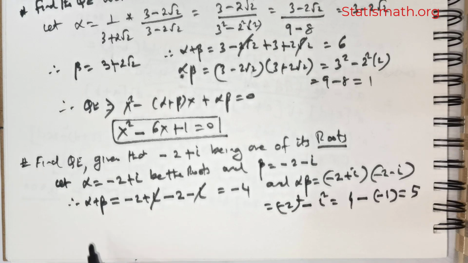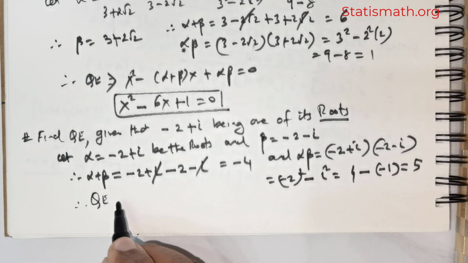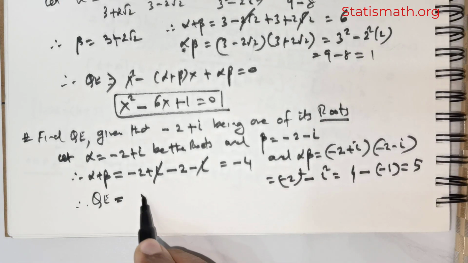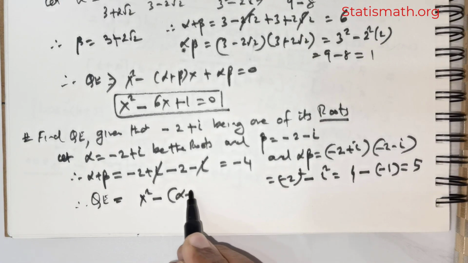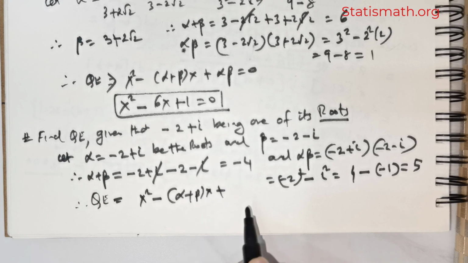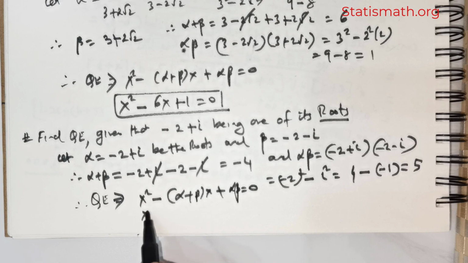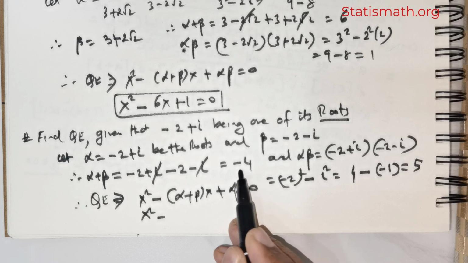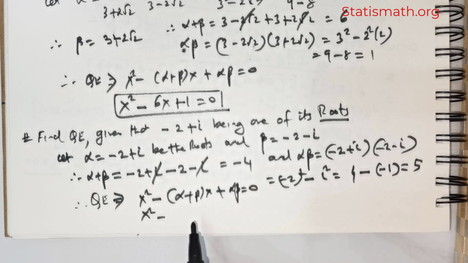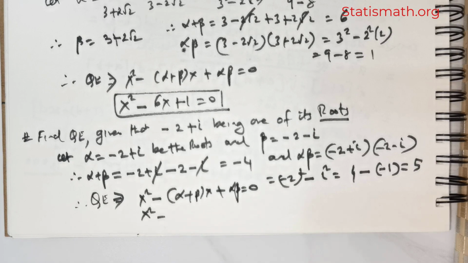So if you were to write the quadratic equation, this is going to be of the form x squared minus alpha plus beta times x plus alpha beta is equal to 0. So this is the quadratic equation. In this case alpha added with beta is producing me negative 4, so I need to place the value over here, negative 4.